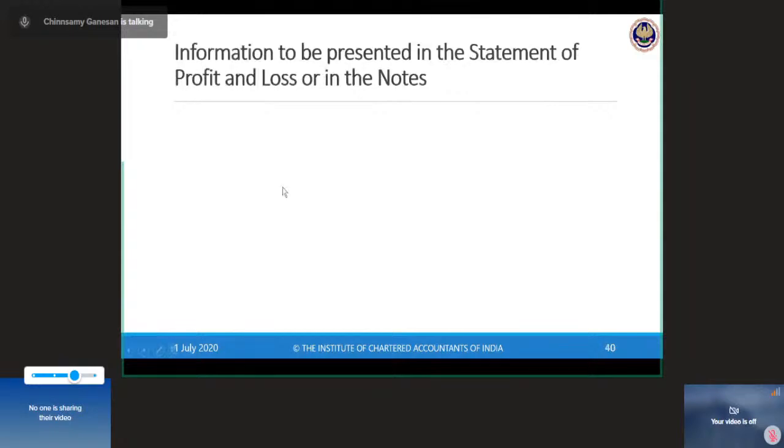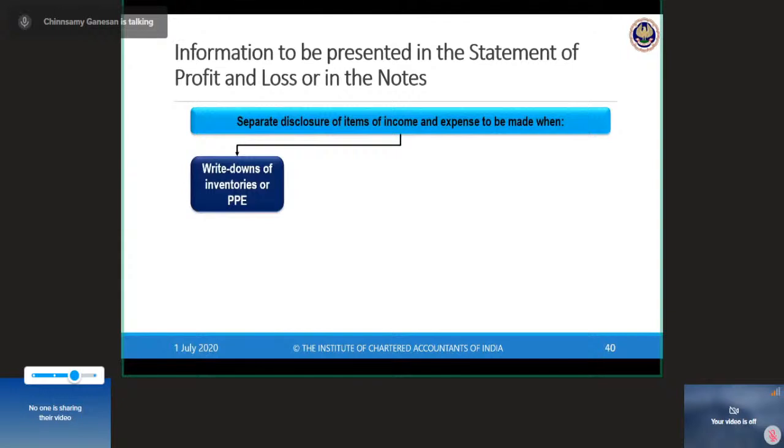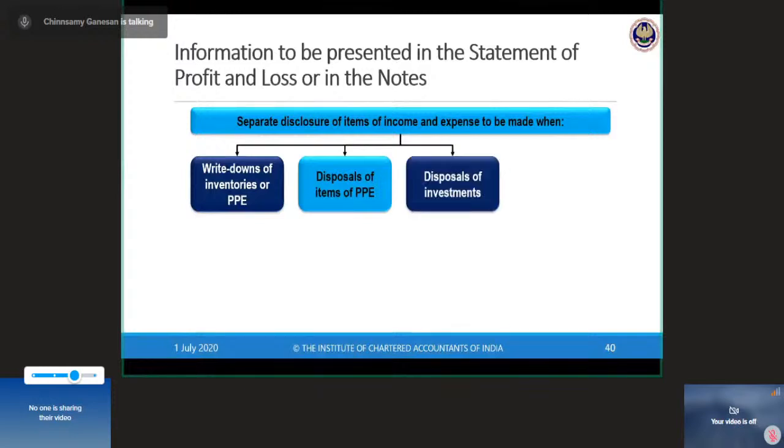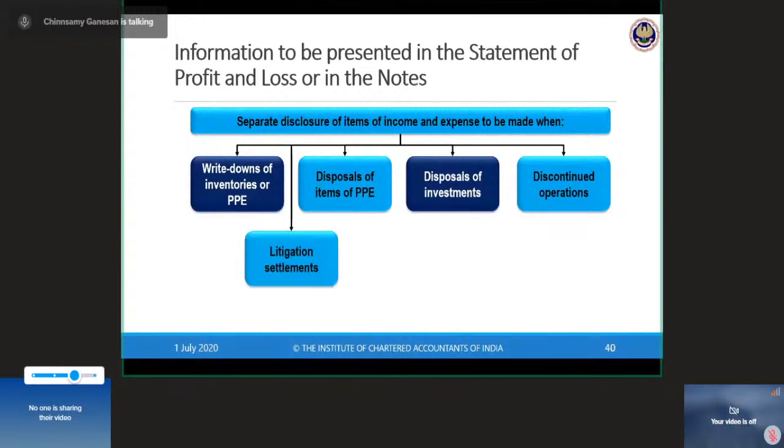And when we are talking about the information to be given in the notes on accounts, you basically have to specifically mention certain items necessarily. Any write down on inventory or property, plant and equipment where you have done an impairment testing, disposal of items of PPE, there should be a disclosure. Disposal of investment, there should be a disclosure. Discontinuing operation, there is a disclosure.